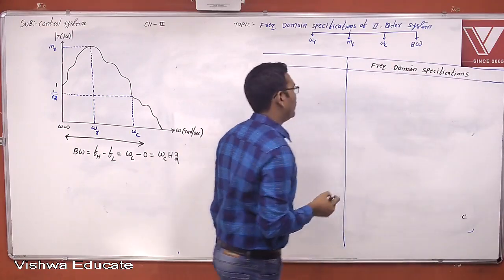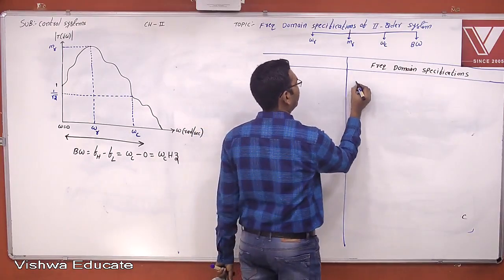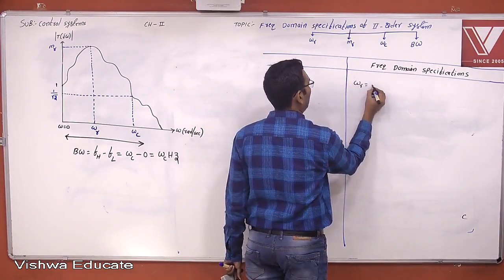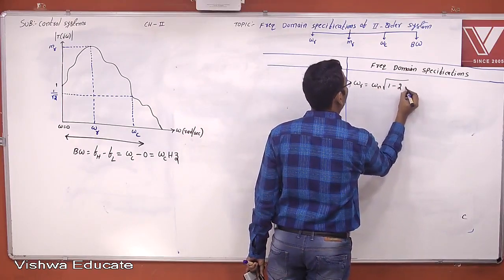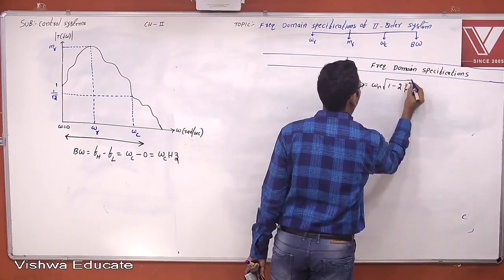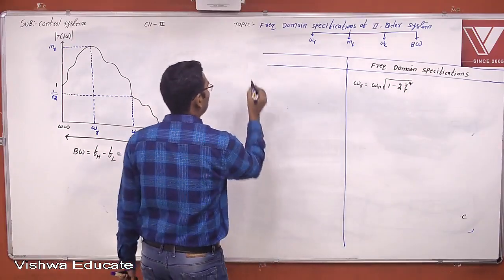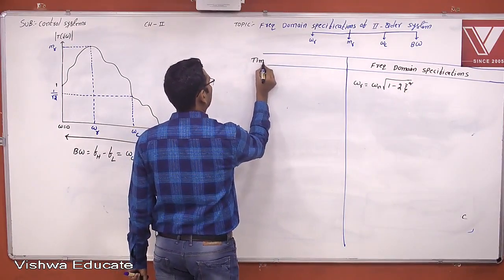Resonant frequency omega r is equal to omega n into square root of 1 minus 2 zeta square. Now these are the time domain specifications.